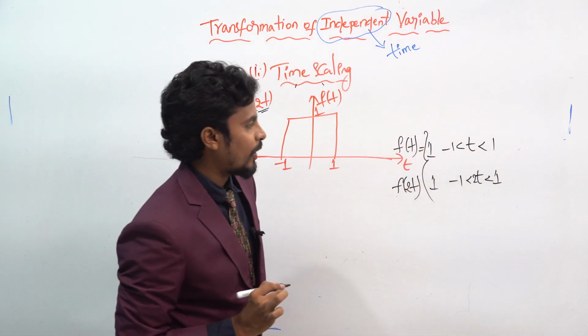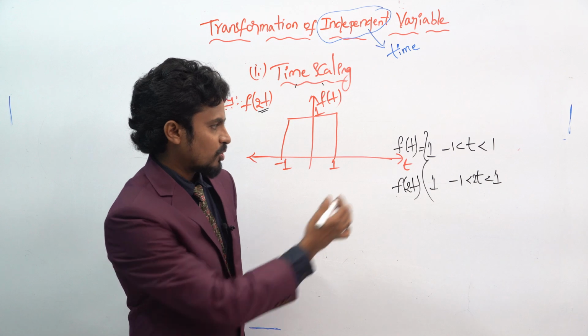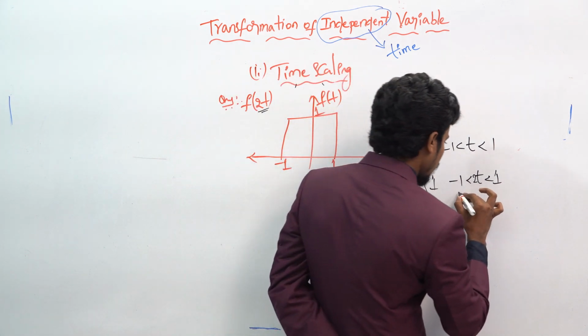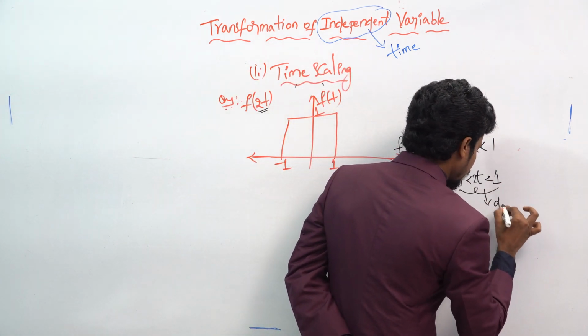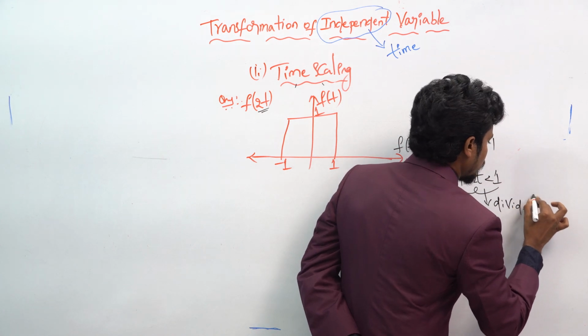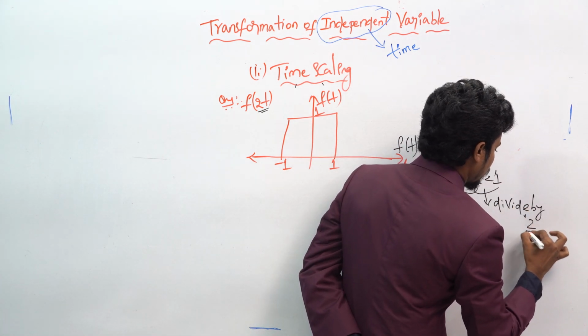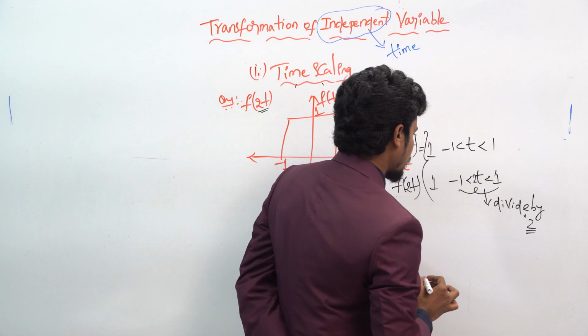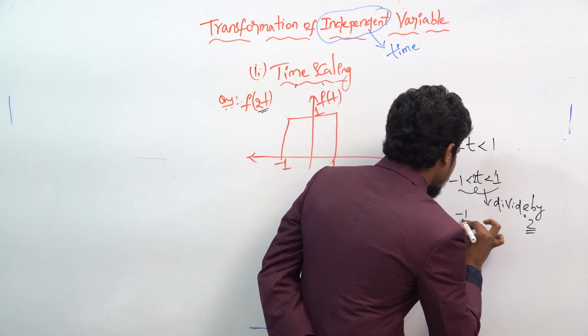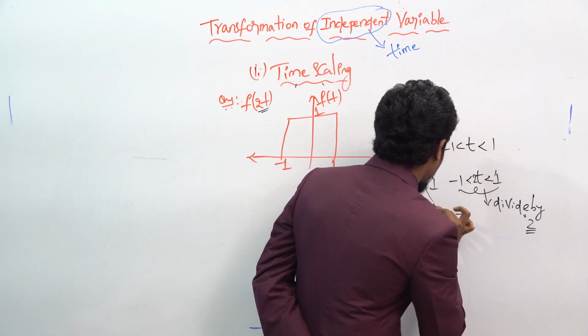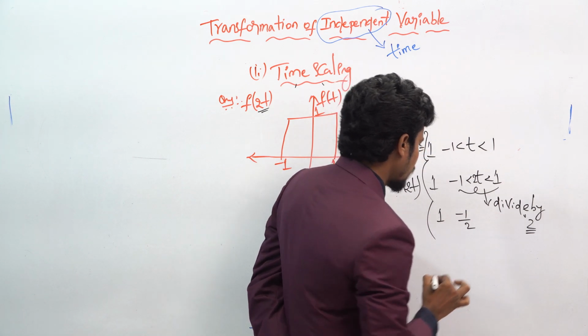Now you have to divide by 2 on both sides. So this becomes minus 1 divided by 2, with magnitude 1.